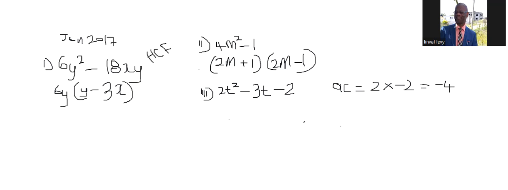Negative 4. So we now need to find two factors of negative 4 that when you multiply them, we get negative 4, and when we add them, we get negative 3. So add to give negative 3, multiply to give negative 4.